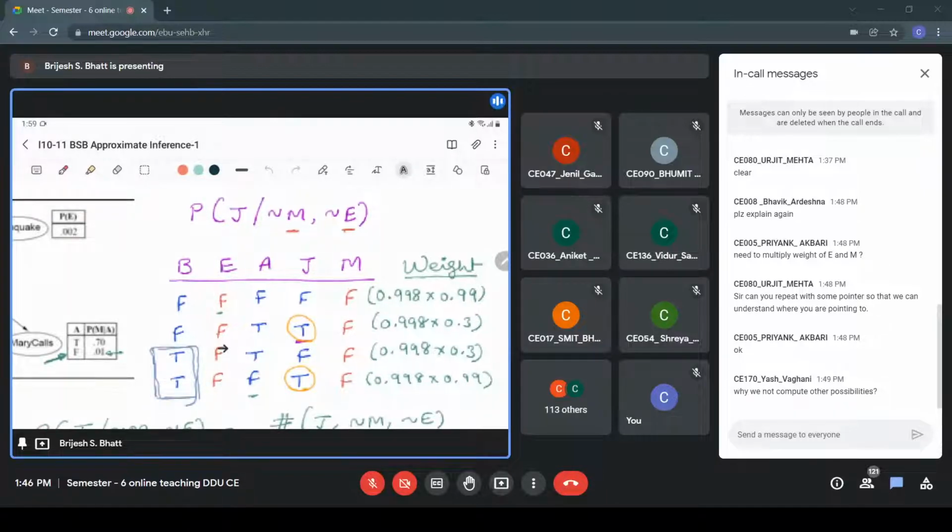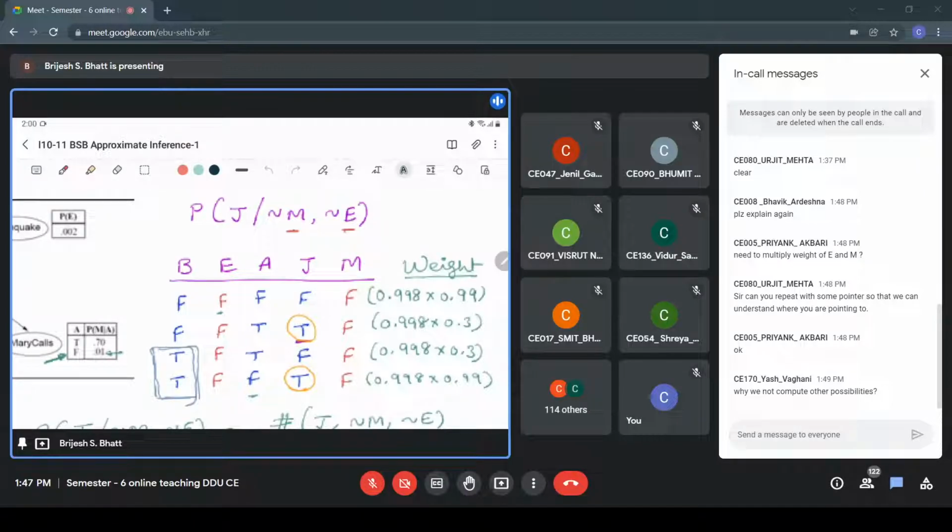So the samples that we have generated will not be true to the distribution now because we have fixed two variables, E and M. So how do we want to weight them? For that we associate a corresponding weight, and that weight will be equal to the probability of E is equal to F and M is equal to F given the value of other random variables B, A and J.